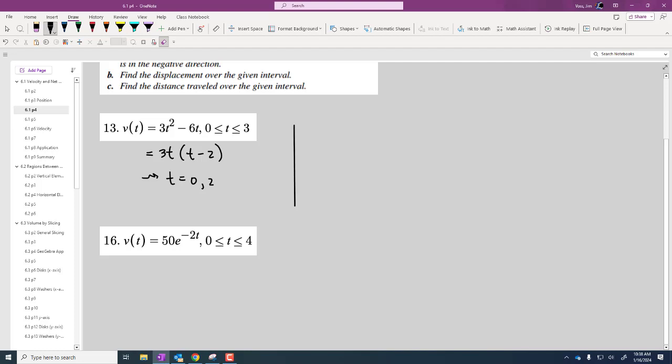So we know that the zeros are at 0 and 2, and we're only going out to 3. And we know the vertex is at 1 comma minus something. Doesn't matter where. So if we graph this, it's going to look something like that.